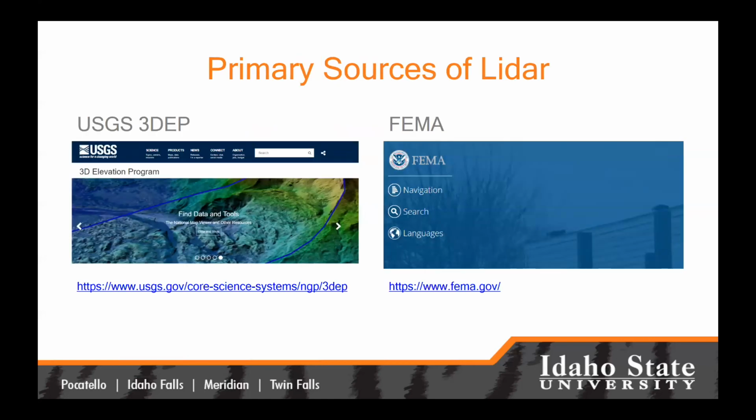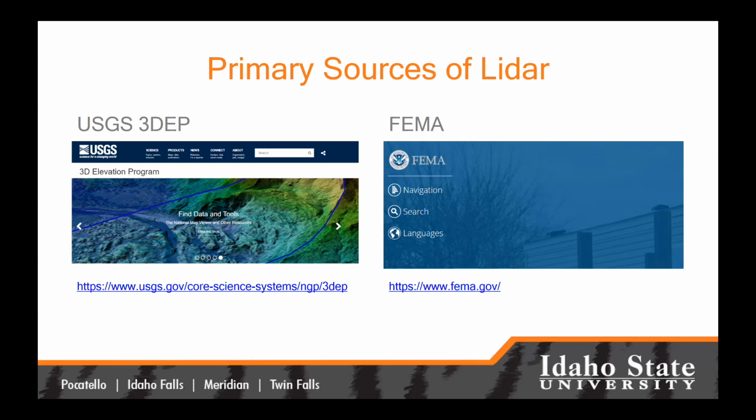There are two primary sources of LiDAR or supporters, sponsors of LiDAR data collections. That is the USGS 3DEP program, and there's the link and a screenshot of their main website for this program, and also FEMA.